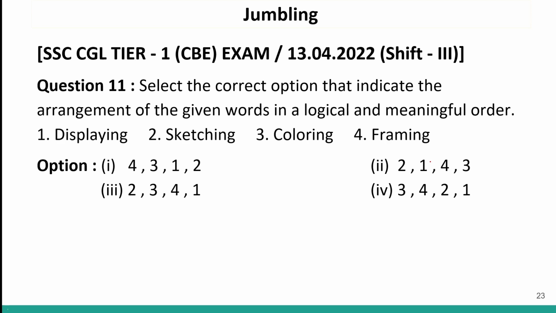Okay? Now, similarly, we have to arrange the following in a logical and meaningful order: displaying, sketching, coloring, and framing. So the first thing that you do is you make a sketch. So the first thing it will be sketching. When you have a sketch, you will start coloring it. You will fill it with color logically.